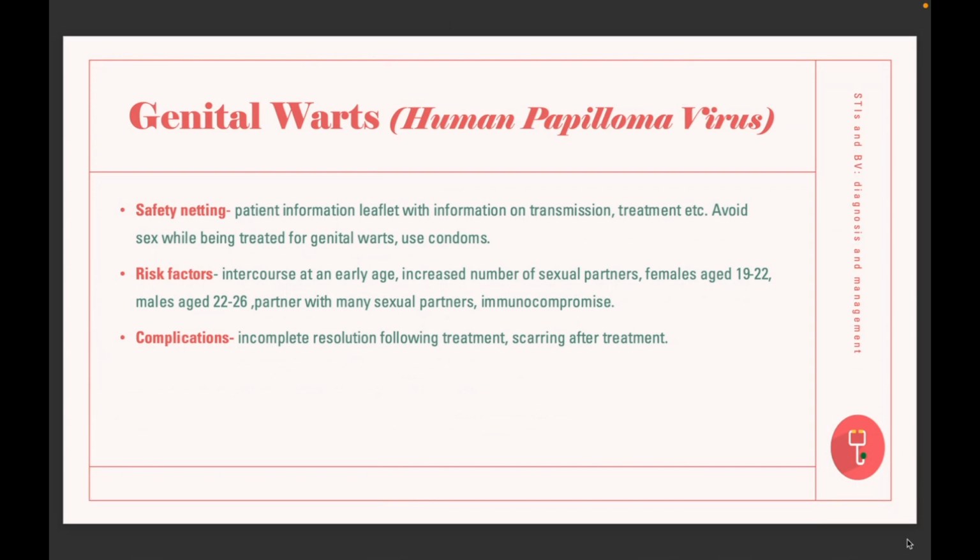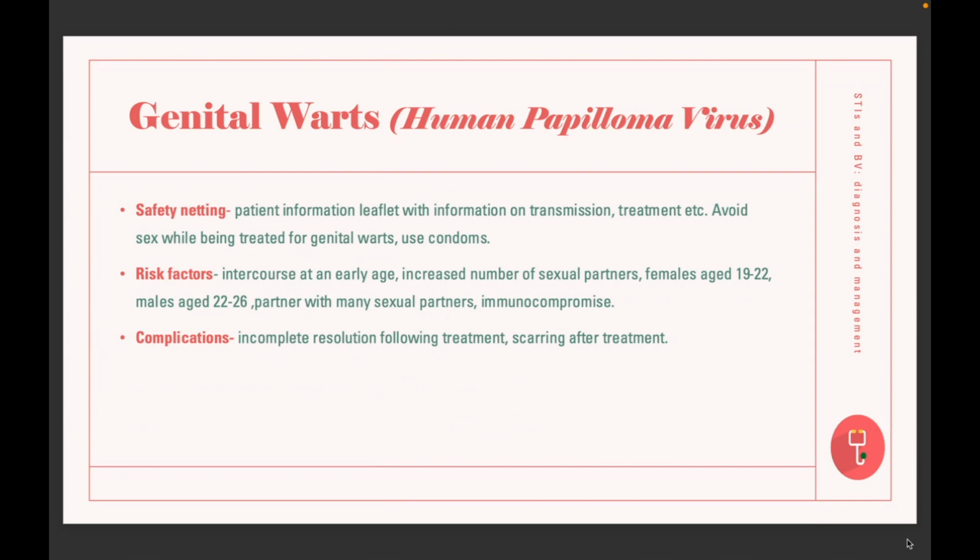Risk factors, so intercourse at an early age. The reason for that, at least partially, is because now we've got a vaccination scheme in the UK that's given between the ages of sort of 12 and 13. So if patients are having sex for the first time at a very early age, before they've had that vaccination, they're not going to be protected against HPV at all.